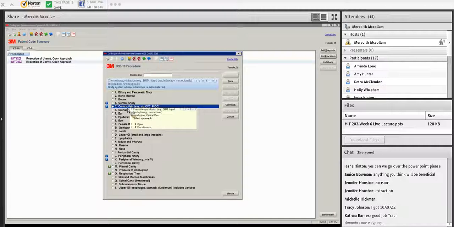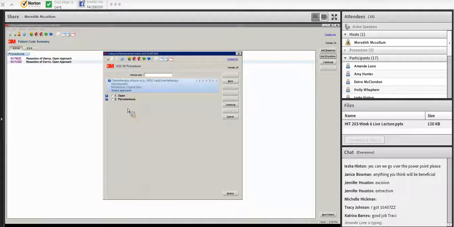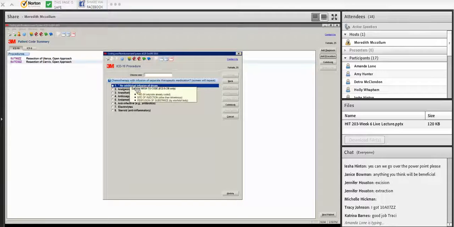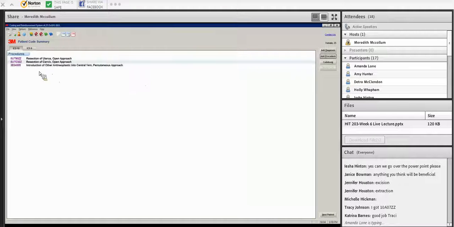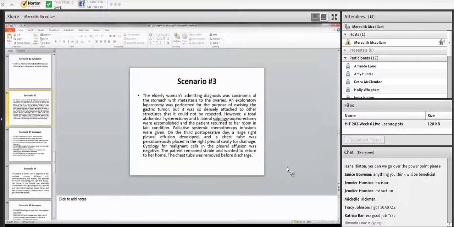This is where you have to really have more detail in order to be able to code these appropriately. No infusion of drugs. So introduction of other anti-neoplastic into central vein. Let's see if it actually says the central vein.